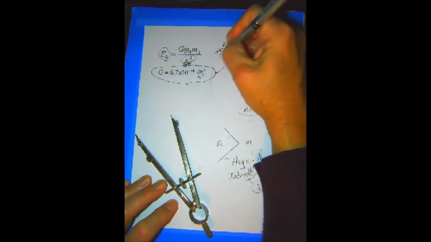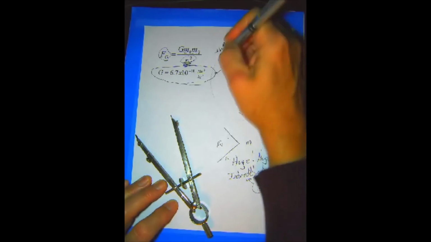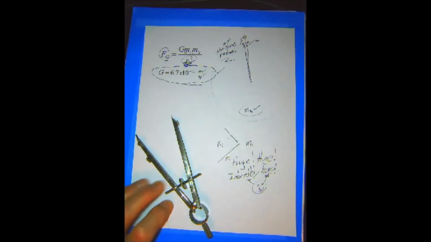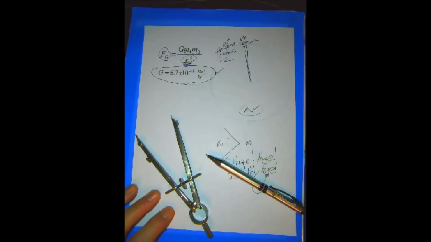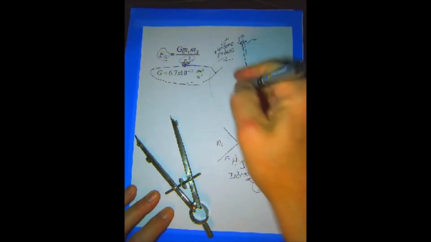So if we see what happens now, we have one radius, and yes, we do have another radius. And so when we change the string length, if you see what's happening, we're literally changing the distance of the little ball from the center of the Earth. And that turns out to impact this formula. So the force of gravity on this ball is different than the force of gravity on this ball.